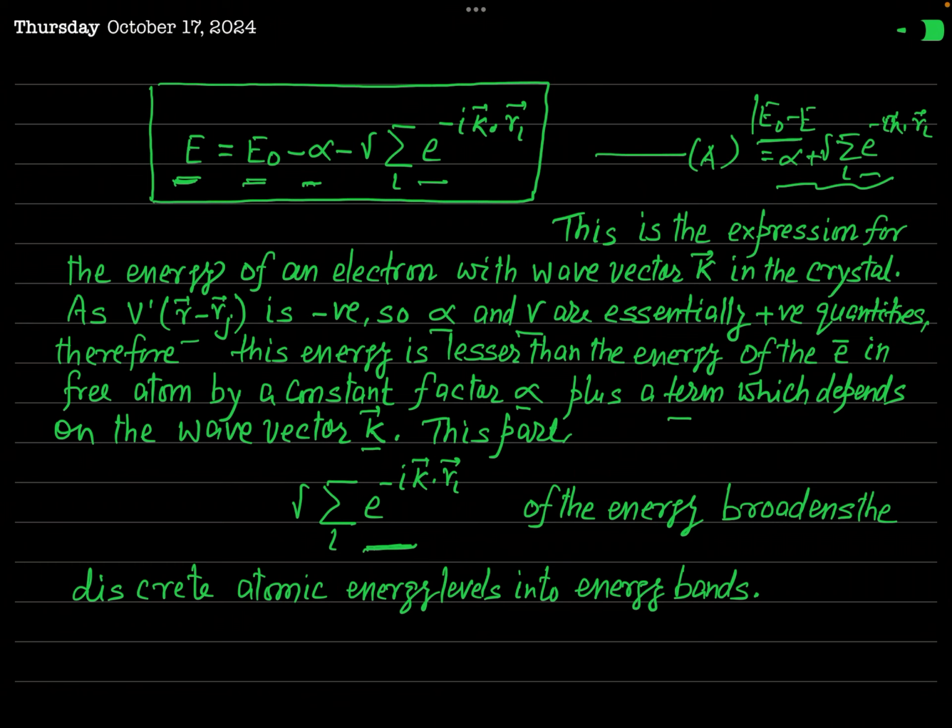This is the last part of this expression, which broadens the discrete atomic energy levels into energy bands in the solid.